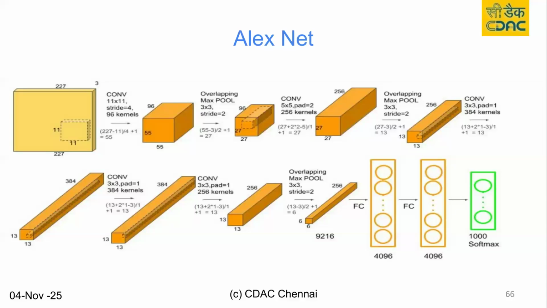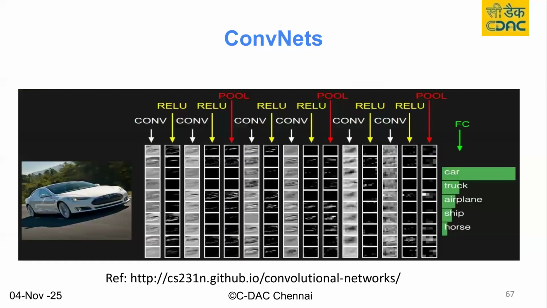We found the weight filters, that is these 11 cross 11 filters, or the 5 cross 5 kernel filters in this layer, for which the error is minimized in the case of a convolutional neural network. And that will be used during the testing phase.